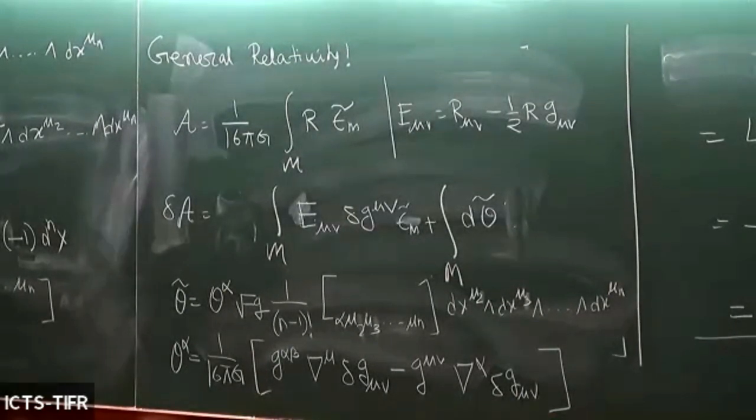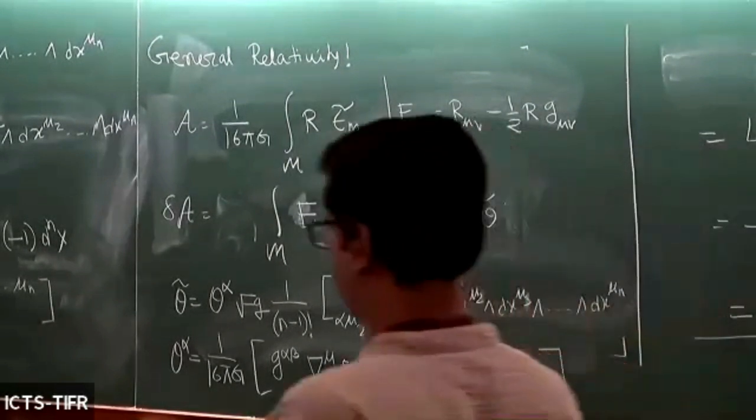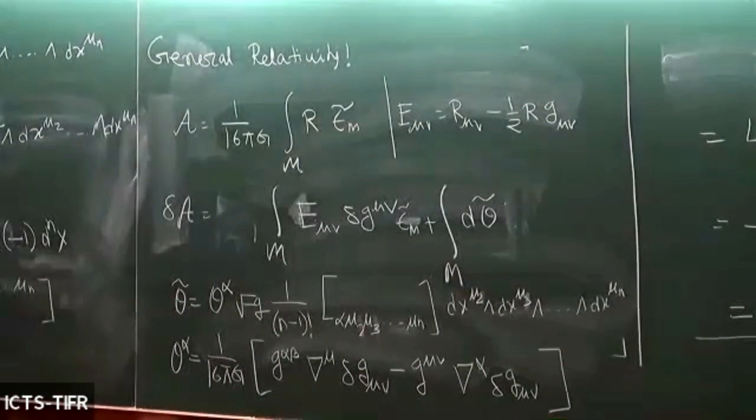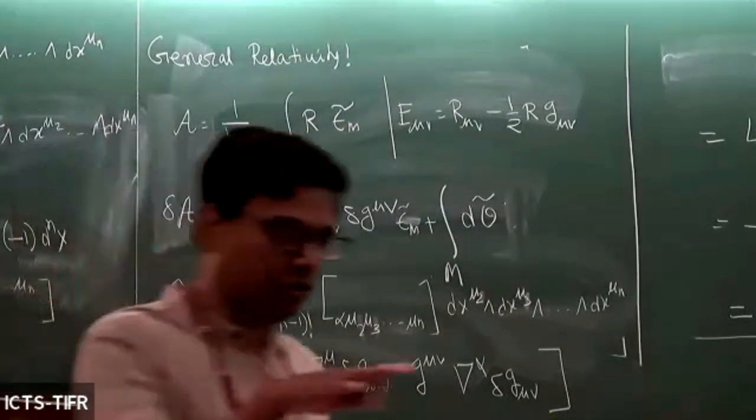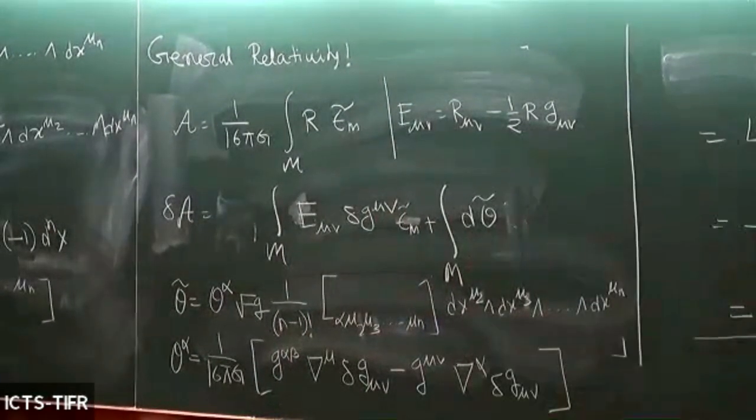And then I called omega the symplectic current, and using the interior derivative I related it with the Hamiltonian. We will do something of that sort.